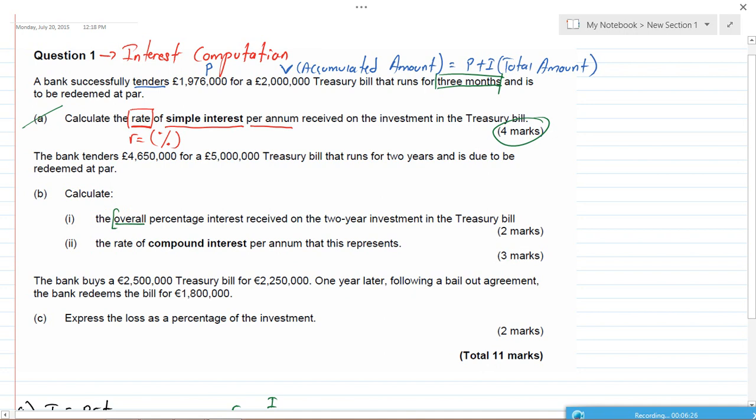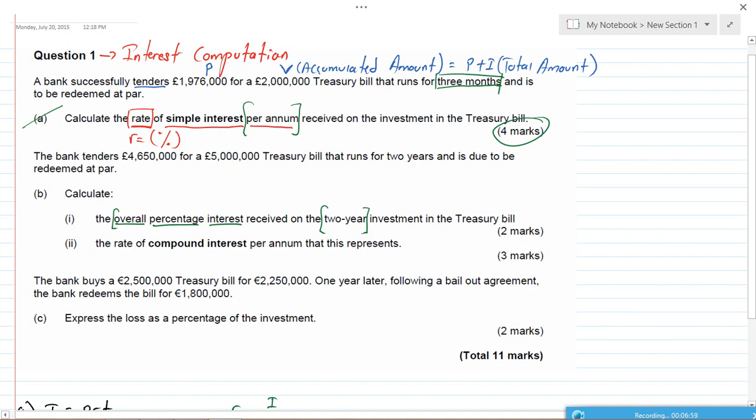They want the percentage of interest on 2 years. Previously it was per annum, now it is 2 years. So you have to calculate the interest percentage for 2 years.